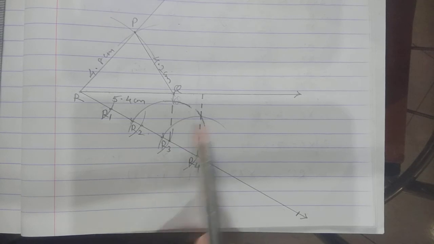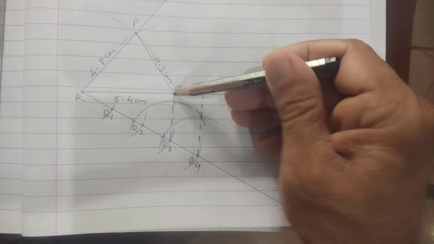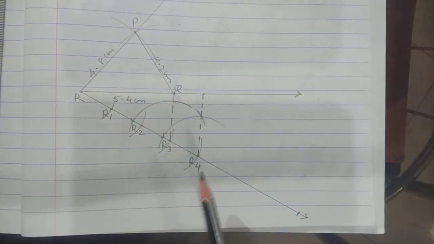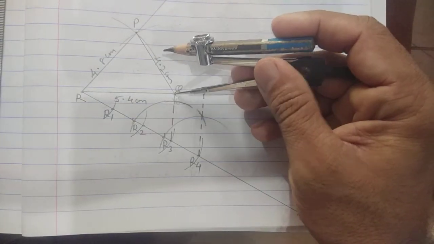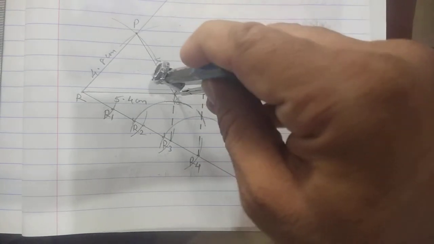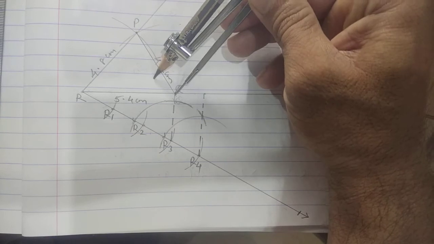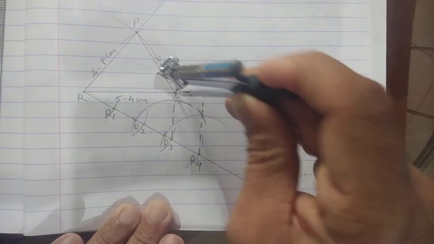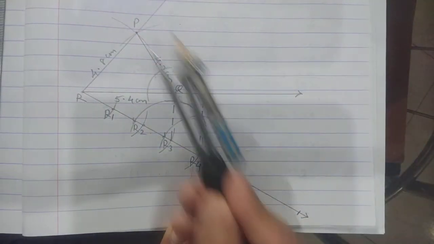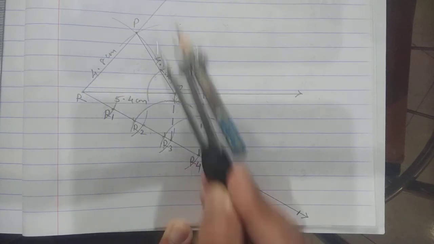So this same procedure which you did here, you have to follow at point Q also and at this point also, which you can see touching the base. Okay, so now again take the rounder, keep it on point Q, open it to any distance and draw an arc intersecting the arms of the angle PQR.